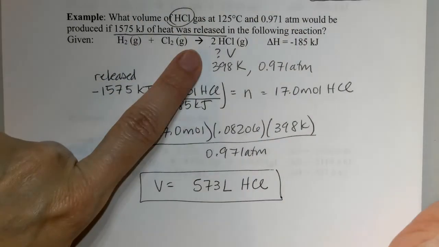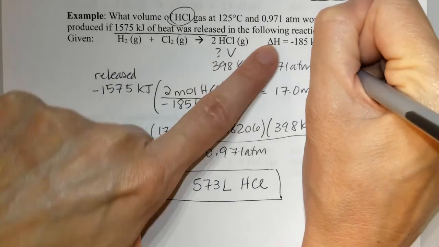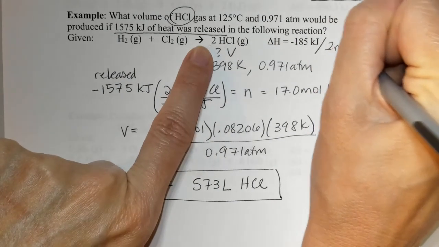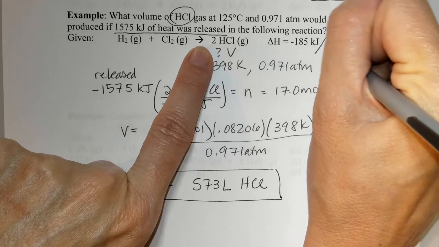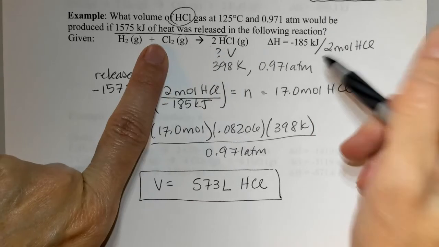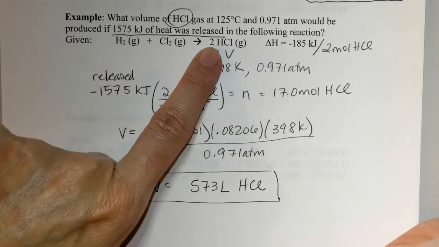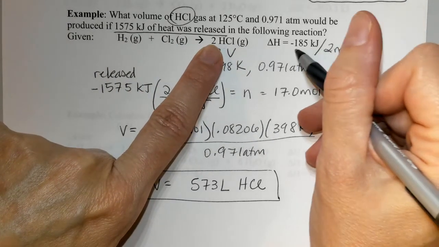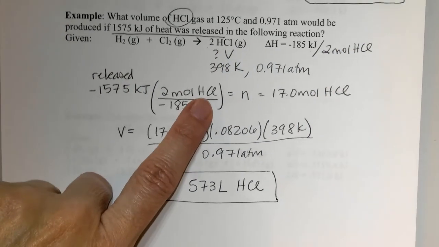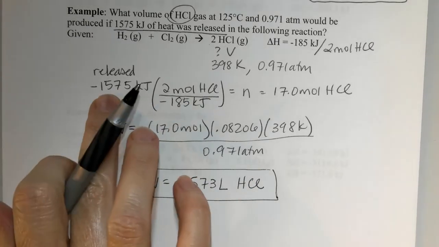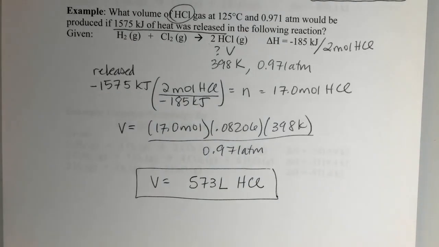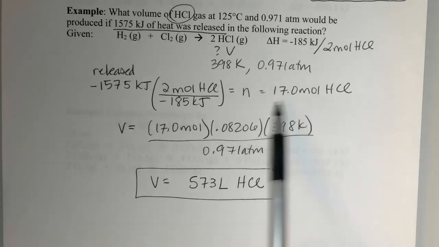Since we're looking at HCl, that delta H is for every 2 moles of HCl, right? If I were just looking at chlorine, it would be 1 mole of chlorine or 1 mole of hydrogen. But since we're looking at HCl, it's this much energy for every 2 moles of HCl. So I take the energy that I've released, divide it by my enthalpy of 185, and times it by 2 to get my moles of HCl.